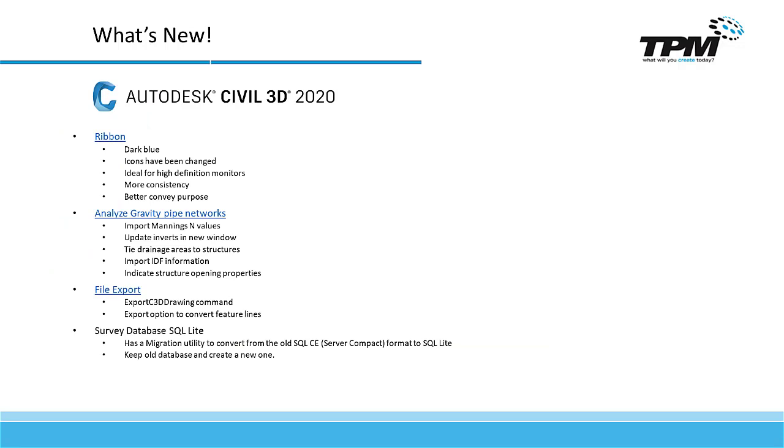The last major change was to the survey databases. The survey database has now gone from a SQL CE Server Compact format to the SQLite format. As a result, Autodesk has provided a survey database migration utility to convert from SQL CE to SQLite.